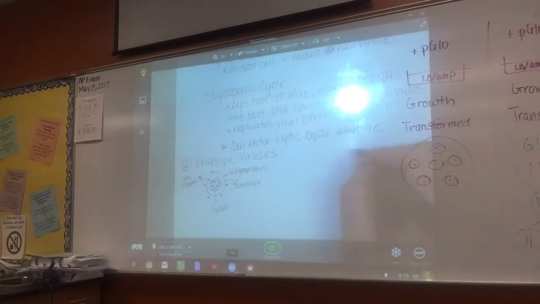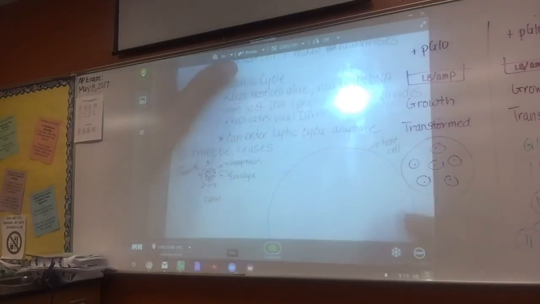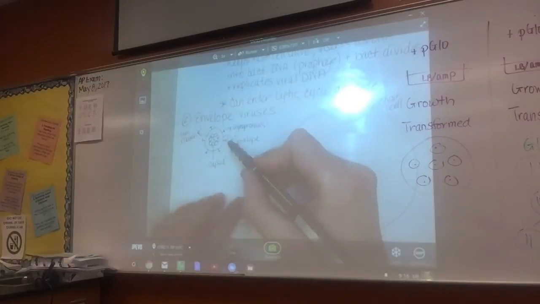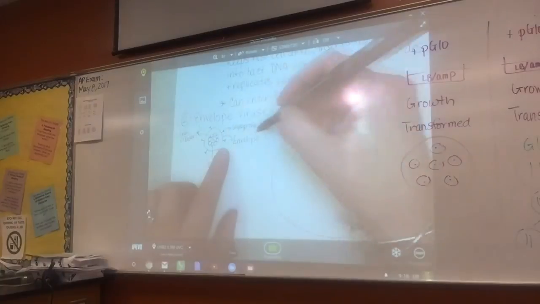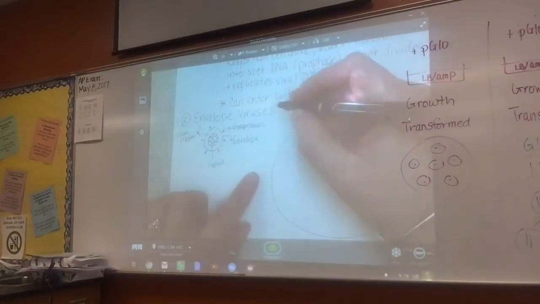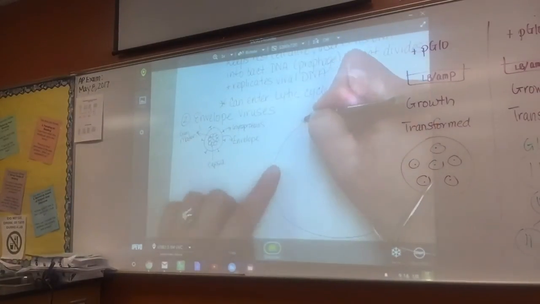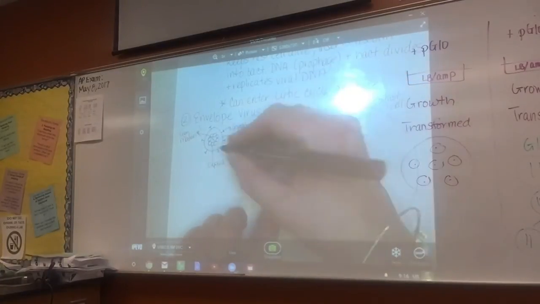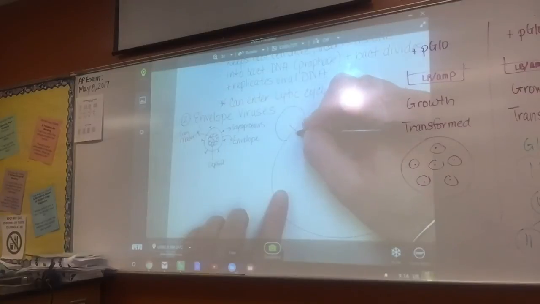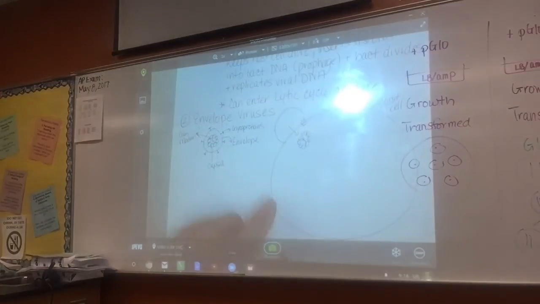Now, I'm going to draw over here, this is the host cell that it's going to infect. So, the glycoproteins in the envelope, what is it helpful for? To get inside the host cell. So there are proteins within the host cell that these glycoproteins bind to, and so then the whole envelope binds, and this is kind of like endocytosis, and inserts the capsid with the genetic material inside.